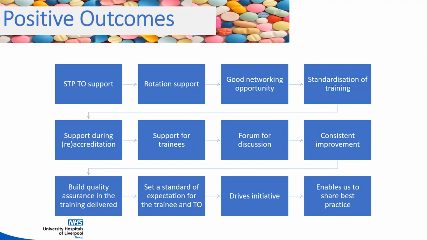For various units, obviously, we all know that we need to go through a reaccreditation process. So there's that support there. If there's been any changes since the last time that you've done it, it's discussed there. Any additional evidence or examples of evidence that need to be submitted, any additional problems with training plans and things, that's all discussed at the training officer meetings.